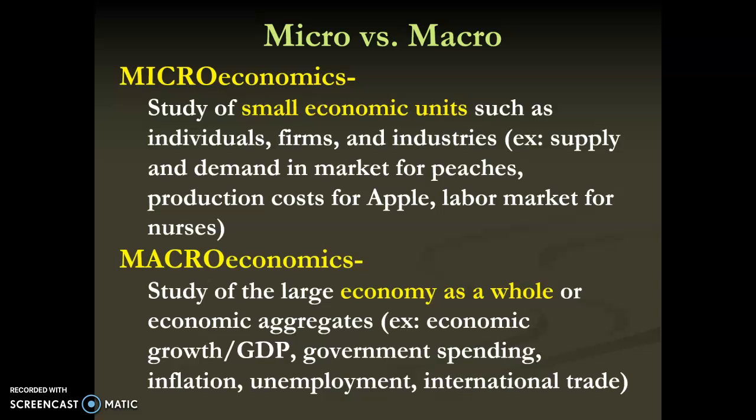That's really more of a macroeconomic type of topic. And examples would be economic growth and calculating GDP, government spending, inflation, unemployment, international trade. Those are largely macroeconomic topics. So just note the difference.